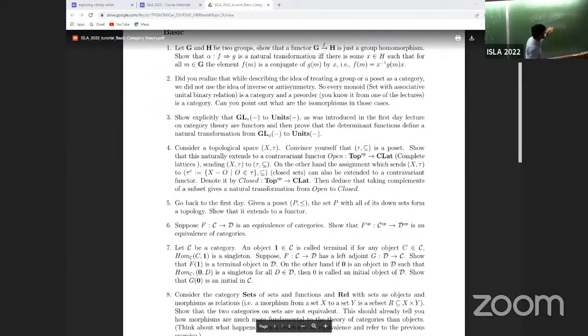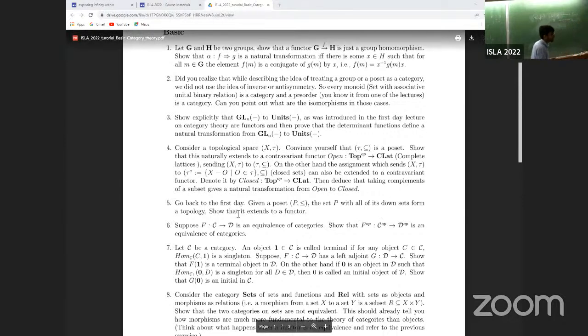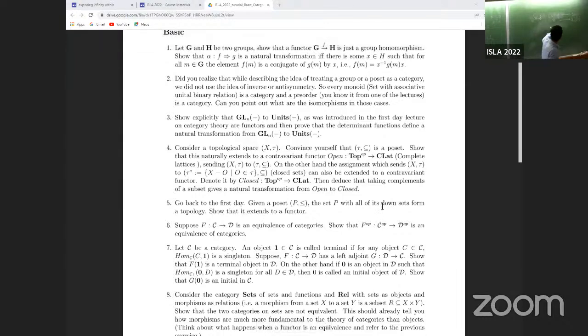Can you explain question number 5? Did anyone try this? Given a poset, you collect all of its up-sets. You want to make it a topology. Is that understood first of all? Yes, that part is clear. Now you want to show that it's a functor.